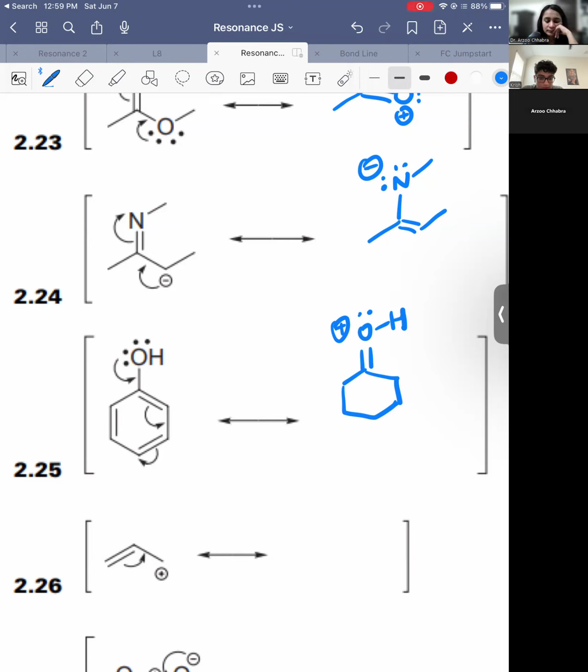So that carbon now has five bonds. So we need to lose the double bond. We move the double bond to the next carbon to the right. So then what happens to the charge? Think about just what's happening in the next arrow.